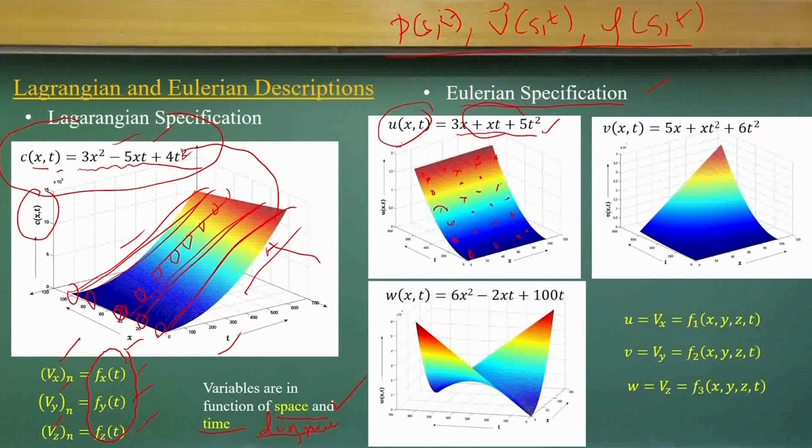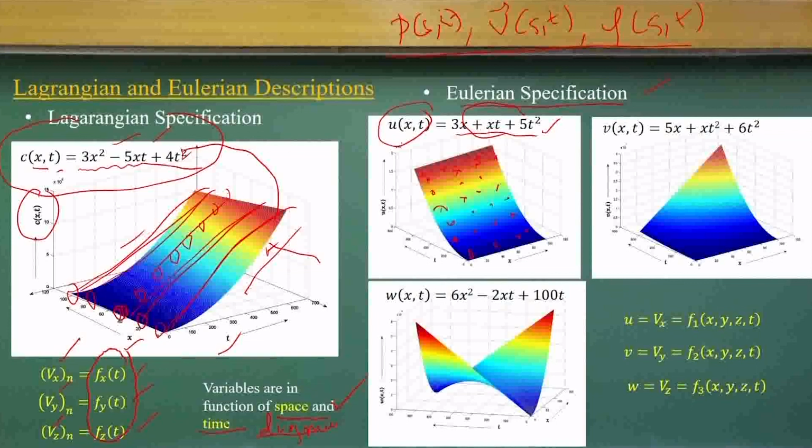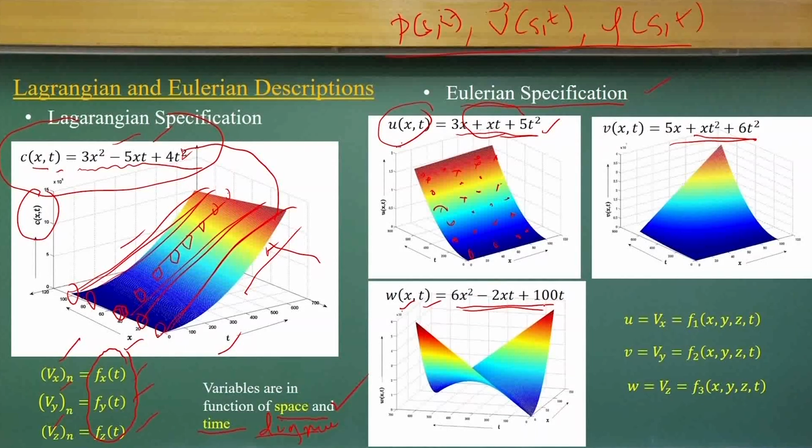So, if you have velocities with 3 scalar components u, v, w, and they vary with respect to x and t, we can define their different functions. You can see how complex things are happening as you go from this function to this function and this function. If you just look at the shape of these functions, it is quite interesting. So, that way you can build very complex functions to define the fluid flow.